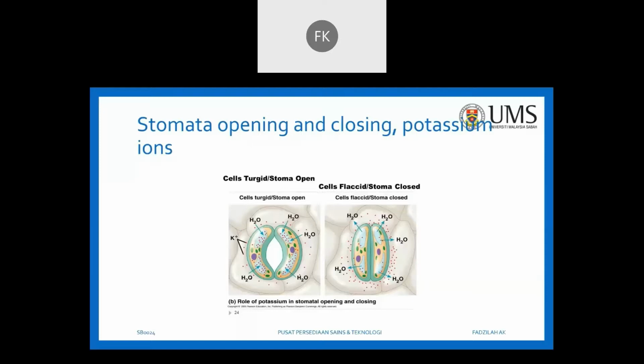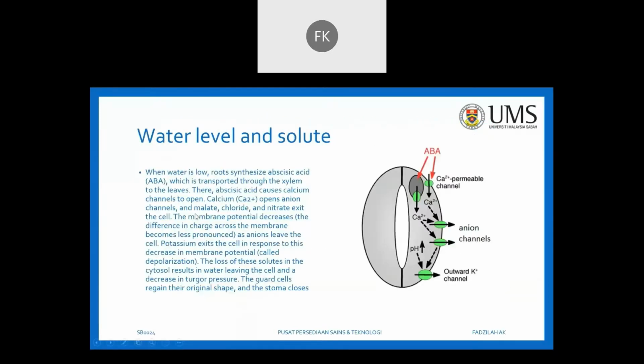When the plant releases abscisic acid, eventually potassium ions move from the guard cell to the subsidiary epidermal cell, resulting in a decrease in the concentration of potassium ion in the guard cell. This is when the stoma closes.